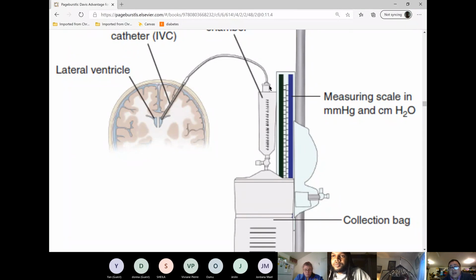So if this is not level, and it's up too high, then the reading it will give us is falsely high. And if the transducer is too low, then it will give us a pressure reading that is falsely low.